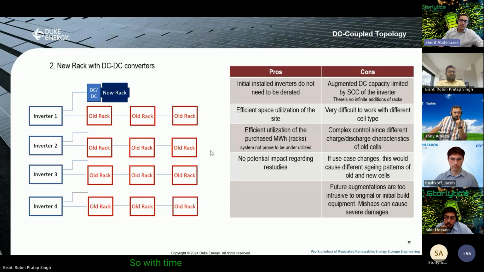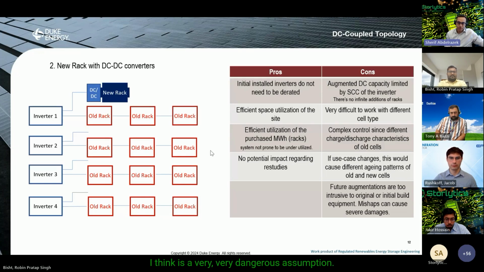So with time, the degradation, and accordingly the voltage profile, of different battery rack arrays are going to bifurcate and be different. So assuming you'll be able to parallel one off of each, or a couple off of each, with each other, I think is a very, very dangerous assumption.